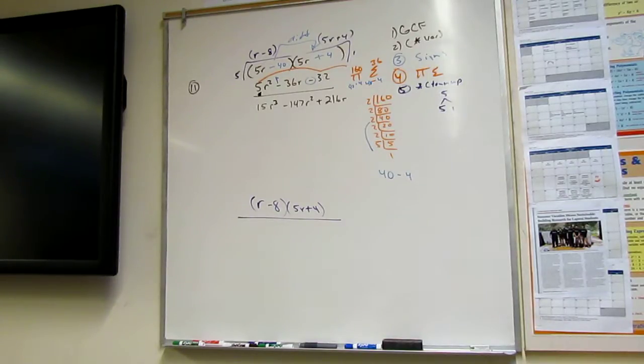Well, 5 doesn't go into 216 because it doesn't end in 5. But 5 doesn't go into either 147 or 216, does it? No. So what else goes into 15 other than 5? 3. Does 3 go into 216? Yeah. How do I know?